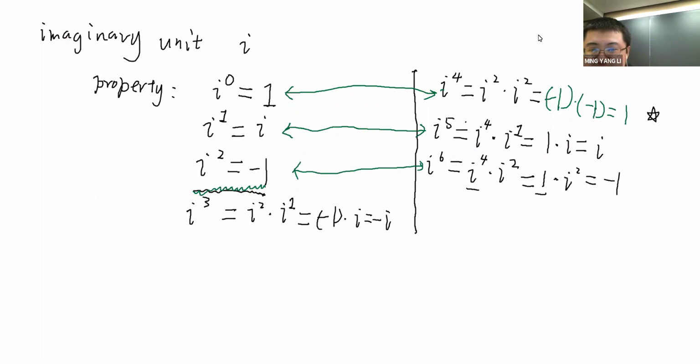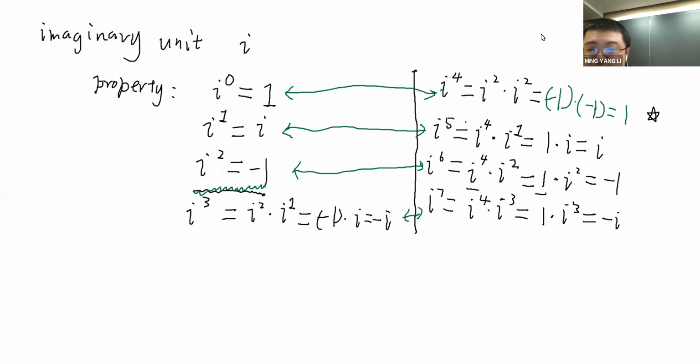So next, we can keep going and consider I to the power of 7, which is I to the power of 4 times I to the power of 3. We always like to decompose it as I to the power of 4 times something, because we know I to the power of 4 is 1, so it's 1 times something else, and 1 times anything equals that thing. So I to the power of 7 is the same as I to the power of 3, which is -I. So these two are the same.